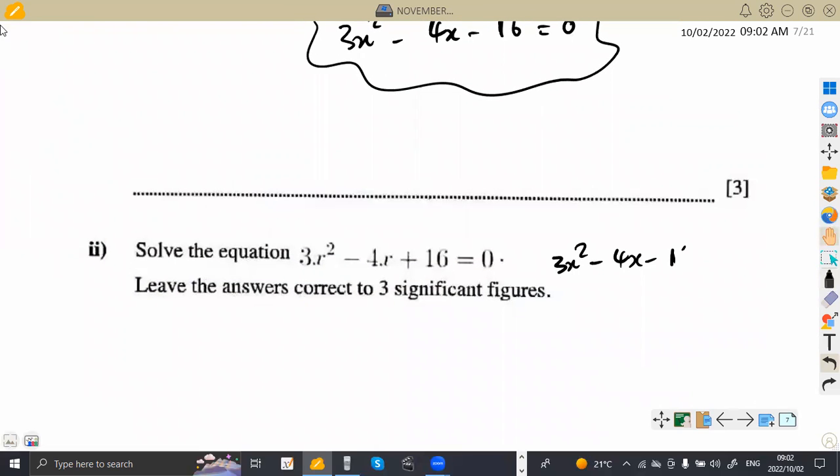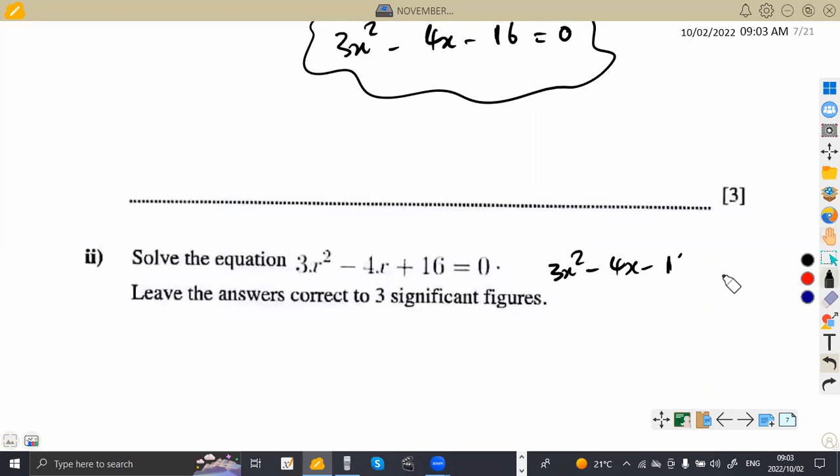Sometimes they can just make an error, like a typing error. But what do you do when it's something like this? You have to solve the way that they've given you here. But this was supposed to be negative 16 because it's a continuation from the equation that you had. Anyways, let's see what you're going to have.